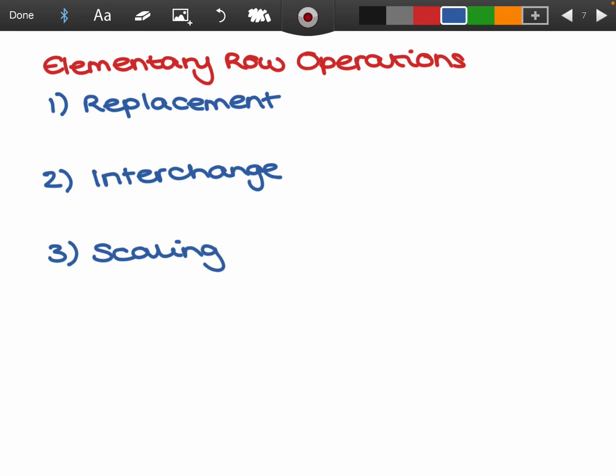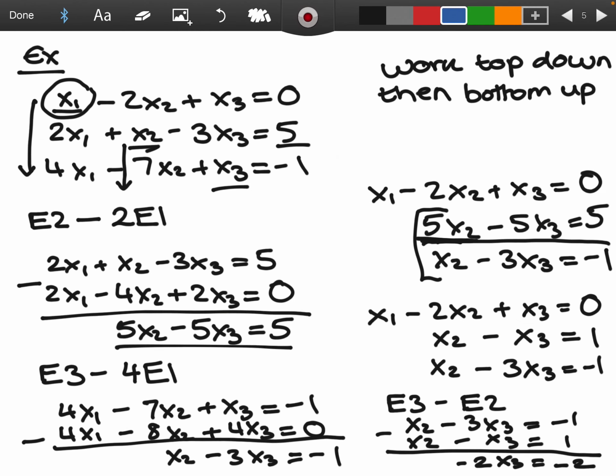Okay. First one is replacement. What I have done back here when I have solved these equations, each time, let's take this one here for example, my first thing that I did, I said I wanted to eliminate x1 from my second equation. So I took my second equation and I subtracted 2 times my first equation from it.